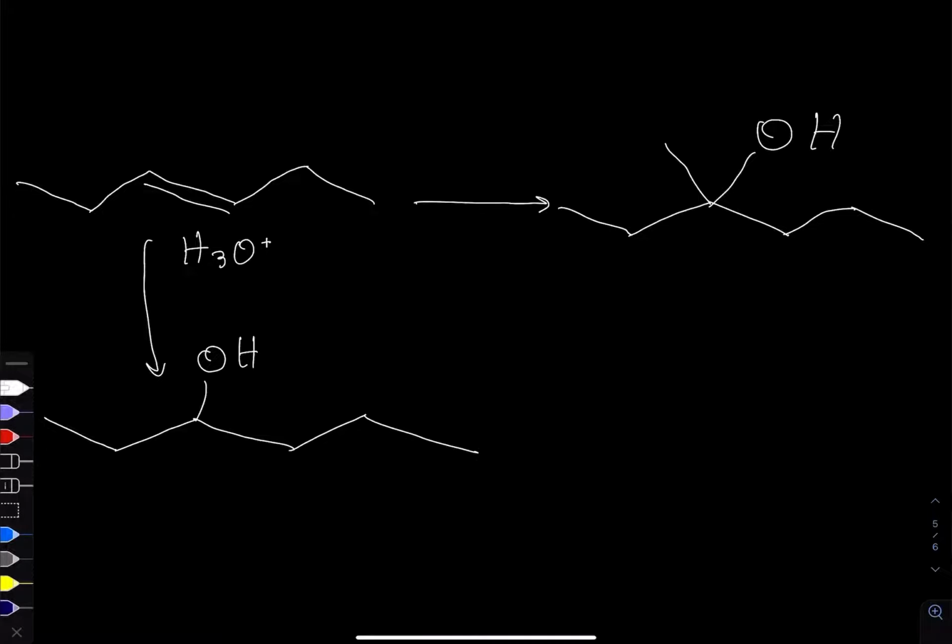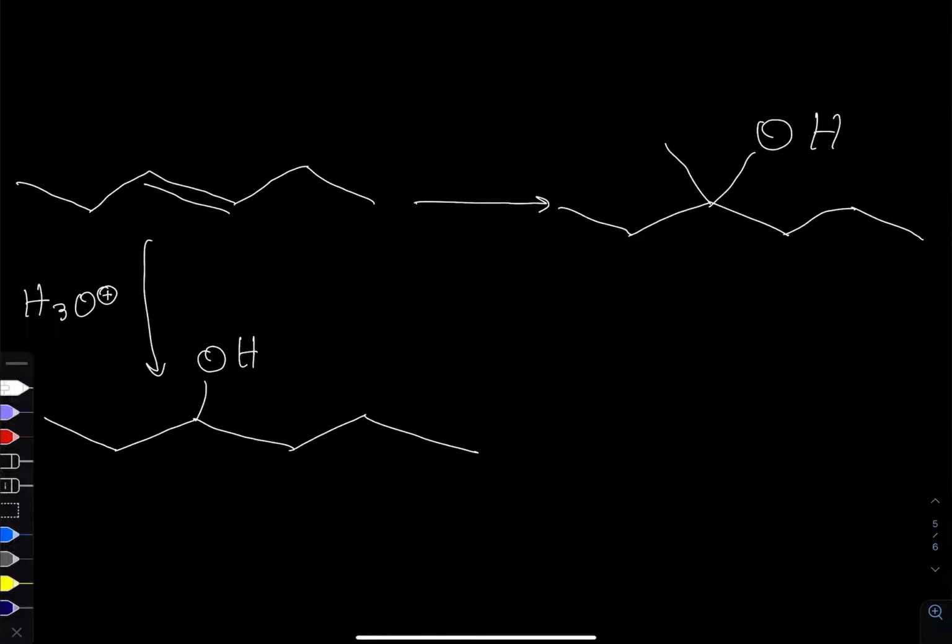But you could also use hydroboration, which is the BH3 thing, or the oxymercuration, demercuration, which is Hg and the acetate. But in this case, we're going to use acidic hydration to get there.